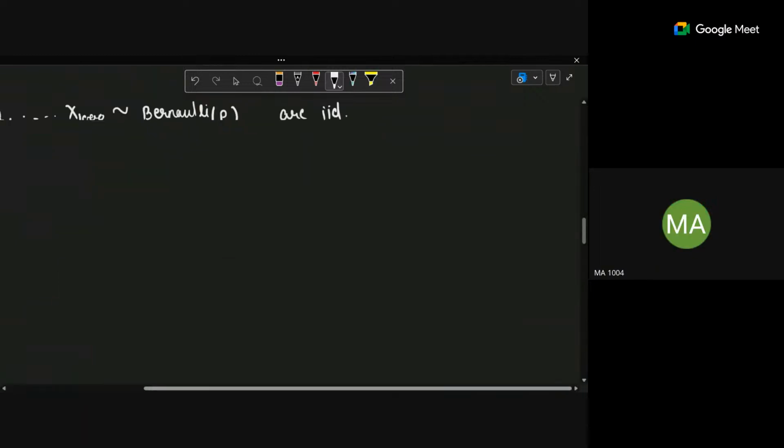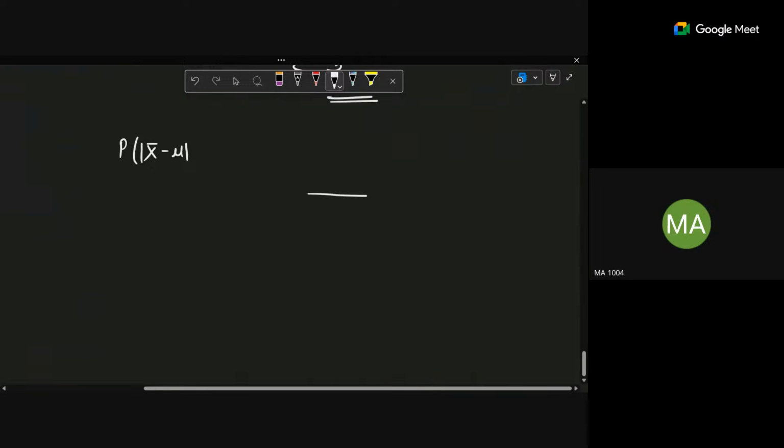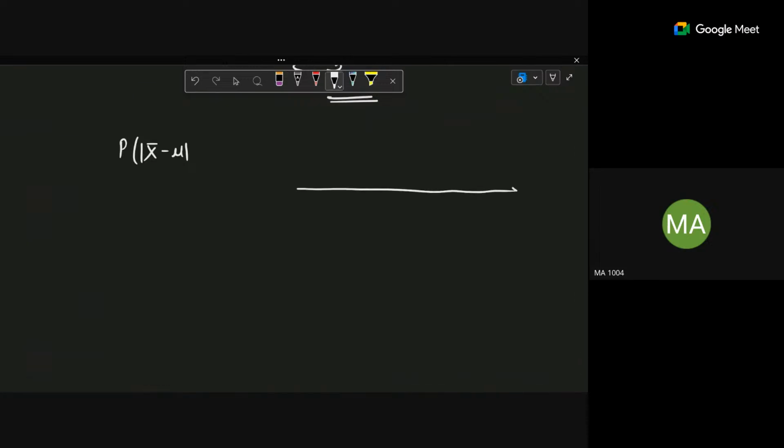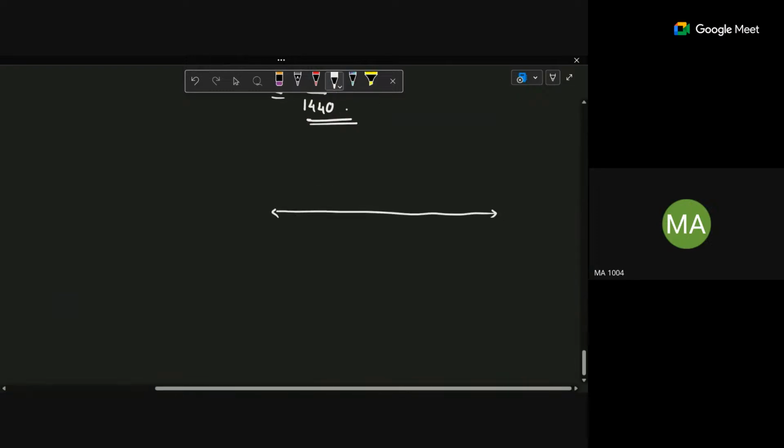I mean the range. See, if this is a real line, and you know what our target is? In the last session, I discussed why we are studying this sample mean and all this, because now the experiment will be like that.